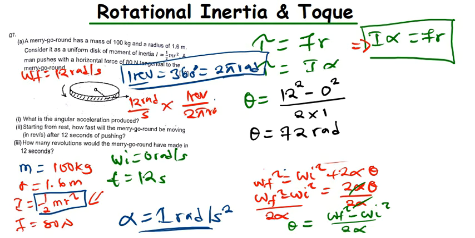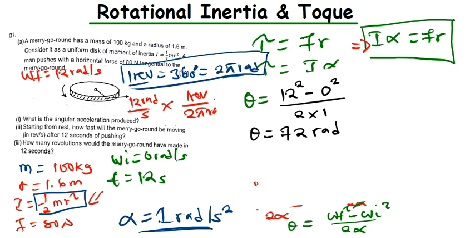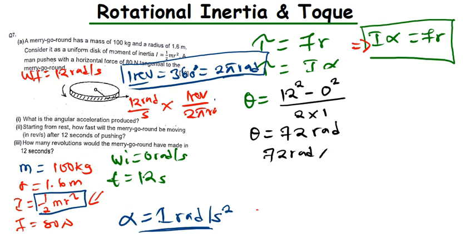72 rad. Now the question is how many revolutions? So we need to convert this now from rad to revolutions. Converting this, I'll set the units in such a way that they cancel each other. 72 rad times, in one revolution there is 2 pi rad, and rad will cancel.